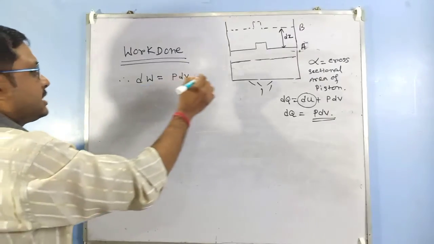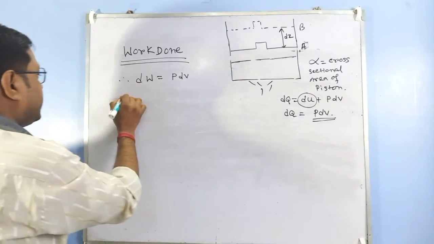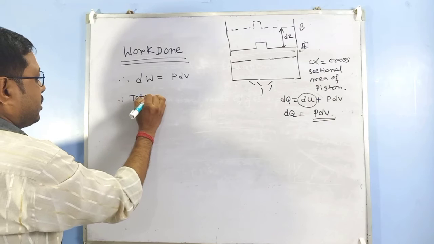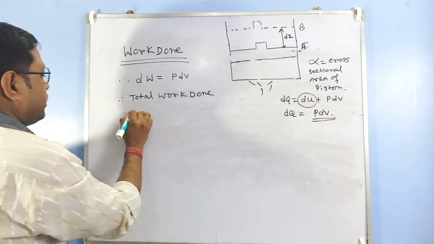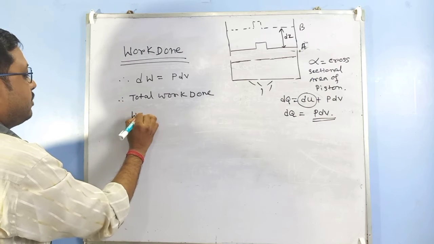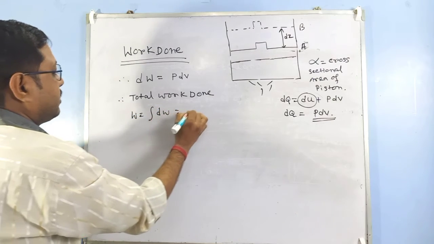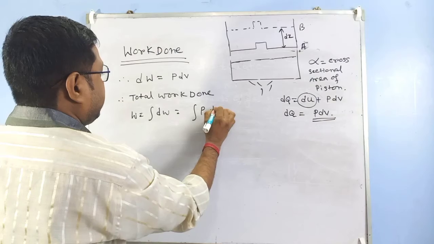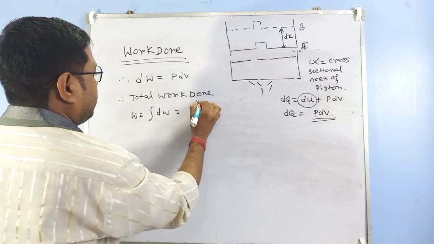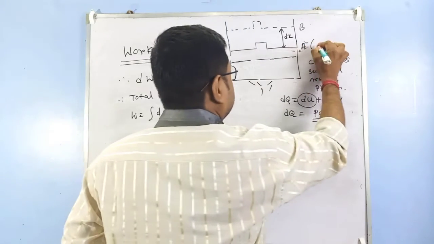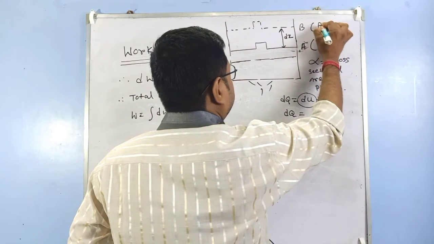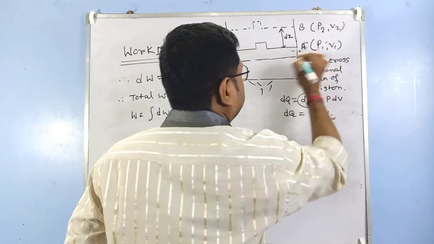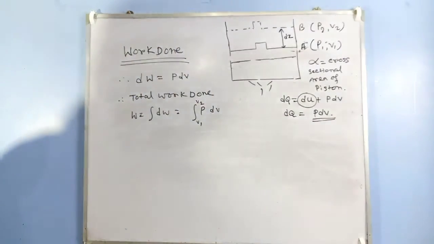Now if volume changes from V1 to V2, then the total work done during an isothermal process is W equal to the integration of dW, equal to the integration of P dV from V1 to V2. Suppose the coordinates of point A are P1, V1 and B are P2, V2.